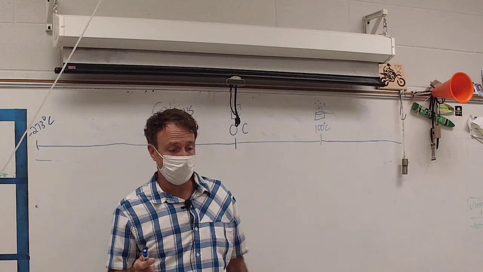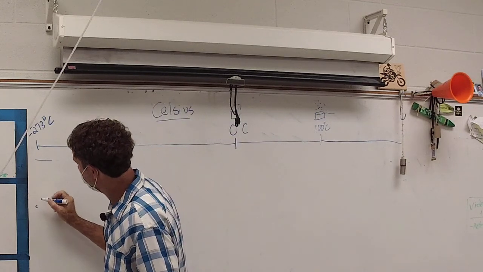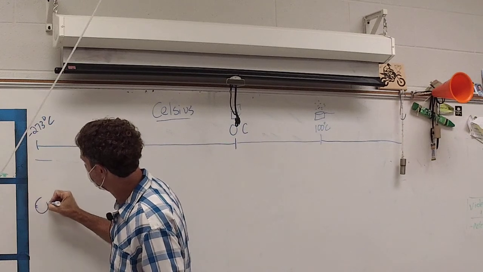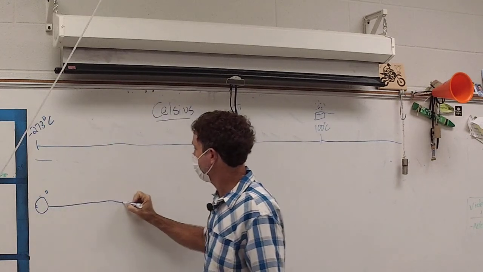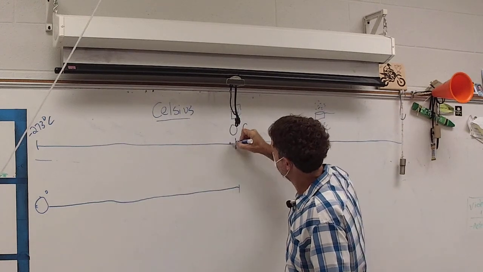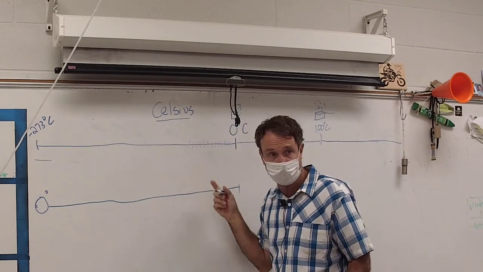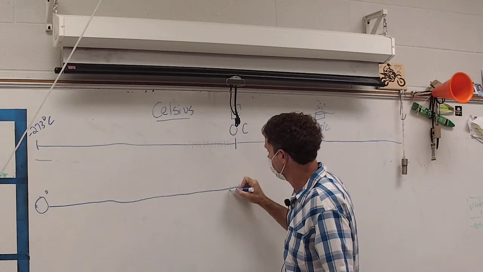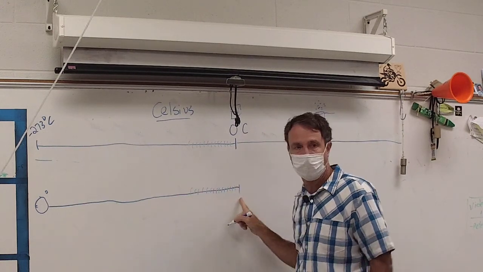Absolute 0, right? So if we said 0 was absolute 0, and then we made a new temperature scale, and we made all the sizes of the degrees exactly the same as Celsius, then what would 0 degrees Celsius be on this scale?